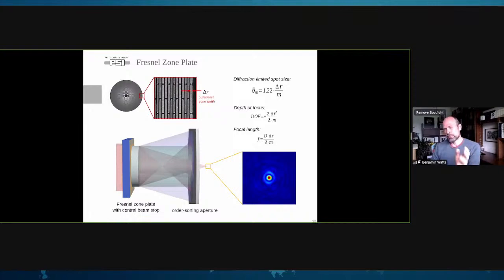Typically, we have something like 30 nanometers resolution. And the focal length is a couple of millimeters. It depends on the photon energy and the outermost zone width of the zone plate. So as the zone width gets smaller, the light gets brought in with a larger angle, so a higher numerical aperture. So we get higher resolution and shorter focal length.